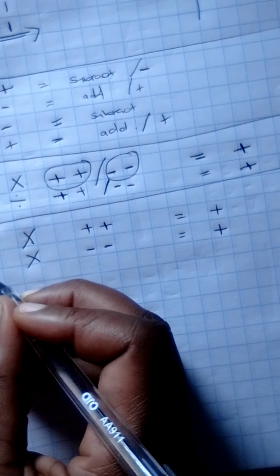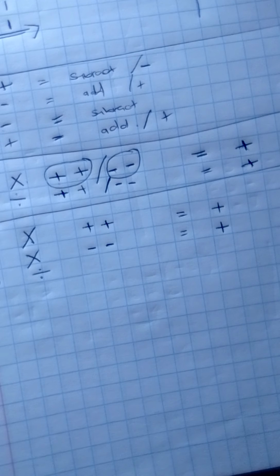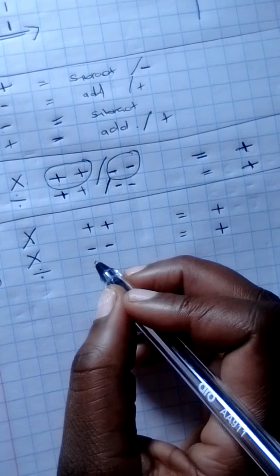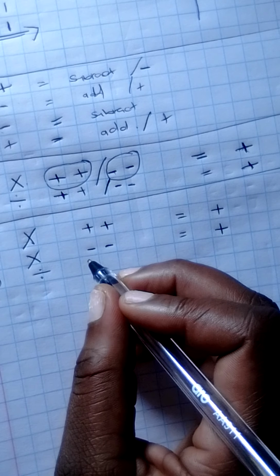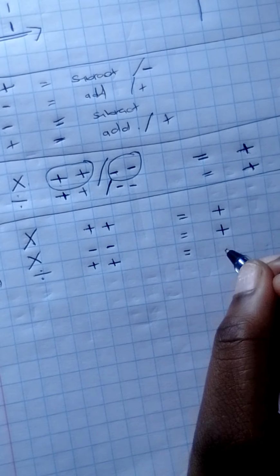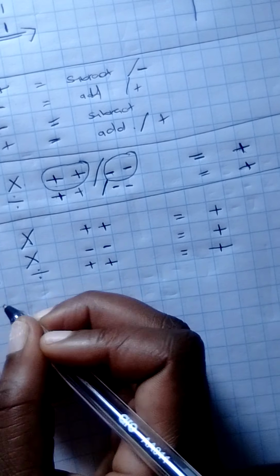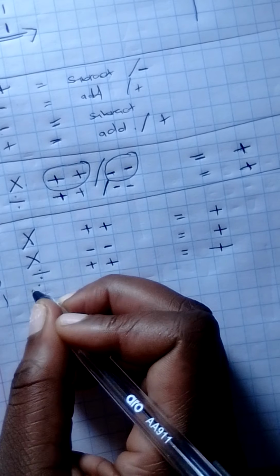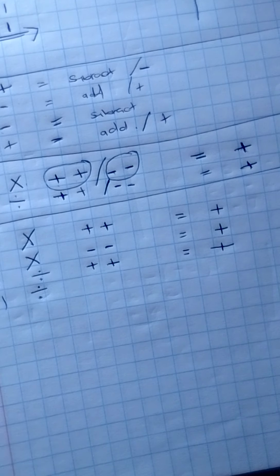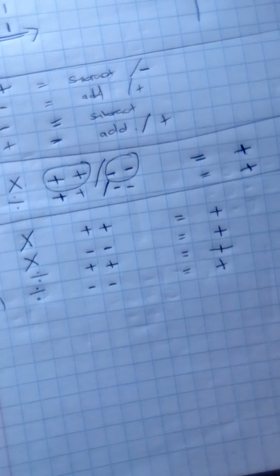Then concept number 3 is saying, whenever you divide two numbers, the other one has got a positive sign and the other one has got a positive sign, your answer should be positive. And whenever, concept number 4, you divide again two numbers, the other one has got negative sign and the other one has got negative sign, your answer should be positive, right?